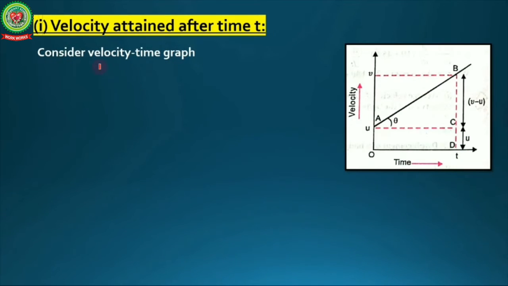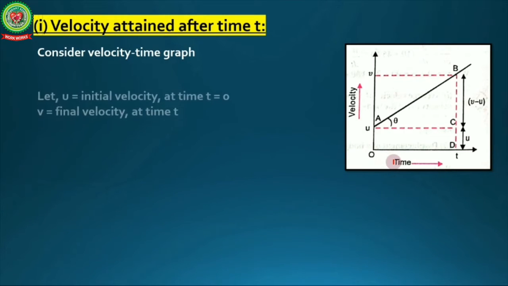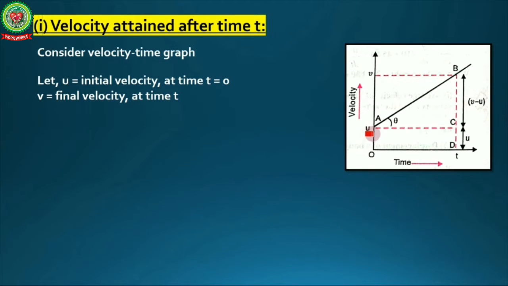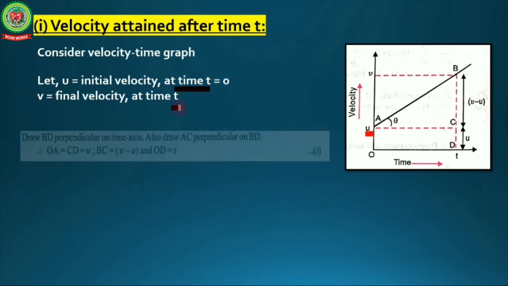The first is how to find the velocity attained after a time t. First of all, we'll consider a velocity time graph for that. Here you can see a velocity time graph. U is the initial velocity of the body at time t naught and v is the final velocity at time t.